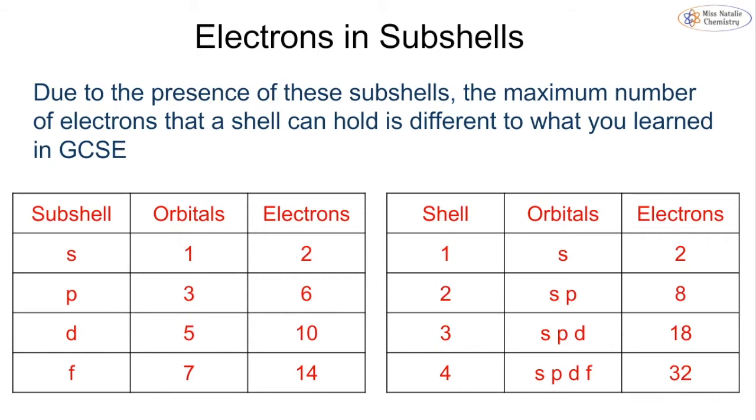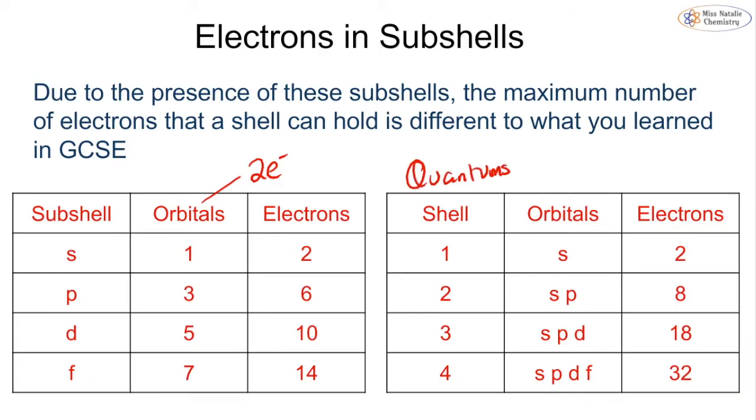In the P subshell, we have 3 orbitals, and each orbital, as we've said, can hold 2 electrons. So if I have 3 of them, I can hold 6 in a P subshell. A D subshell has 5 orbitals, so I can hold 10 electrons, and an F has 7 orbitals, so I can hold 14.